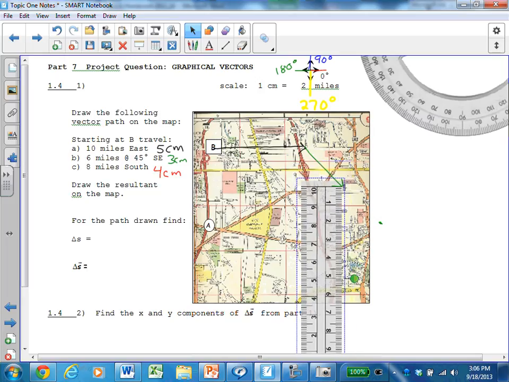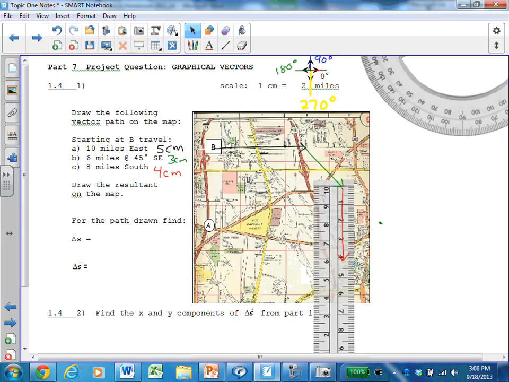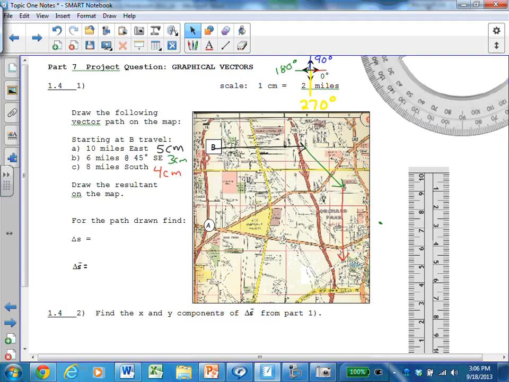Four centimeters south, straight down like that, right? And now I can answer the first, oh, I have to draw the resultant on the map. So I'm going to go from the start, where I start at B, and the tip there. So we're going right down that little lake over there.